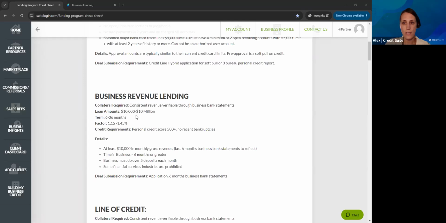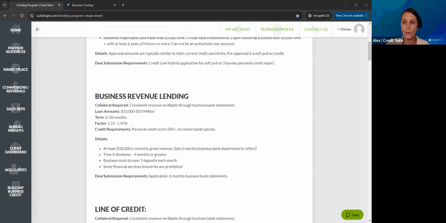What we find is if the client comes in with the correct expectations, they're going to be more successful, because they're going to know, okay, I'm probably going to get a daily payback if I'm making $10,000 a month. My rate might not be as great. If they had business credit already built, they're going to have better chances of higher approvals, and also better rates and terms.